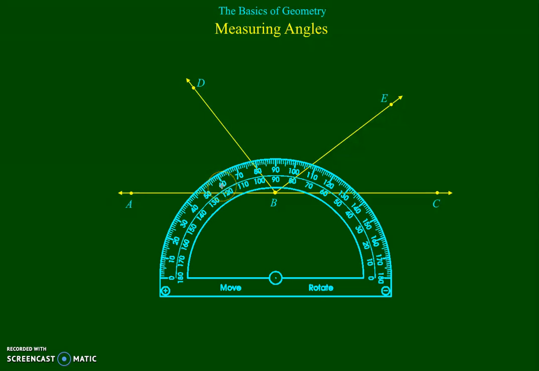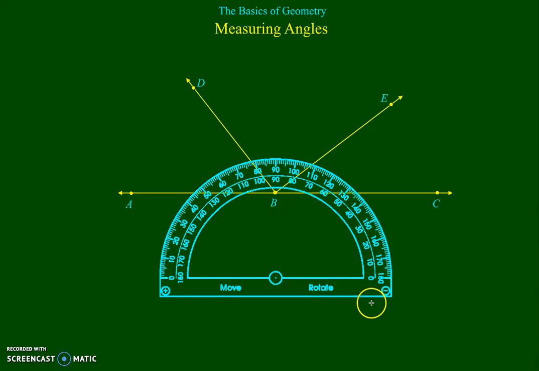What I'm going to need to do is take this protractor and line up that dot, the index, with the vertex of my angles. And as I do that, I'm going to line up this index line with this side of the angle. So I'm first going to measure this angle.